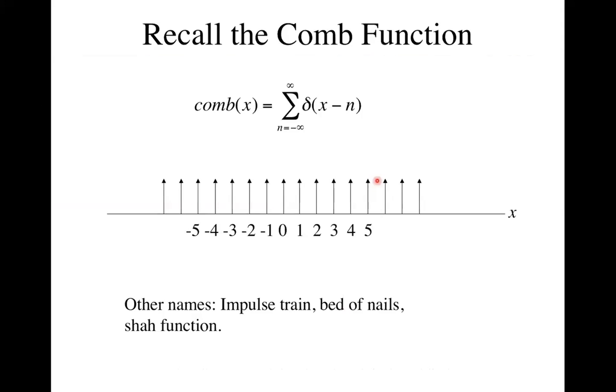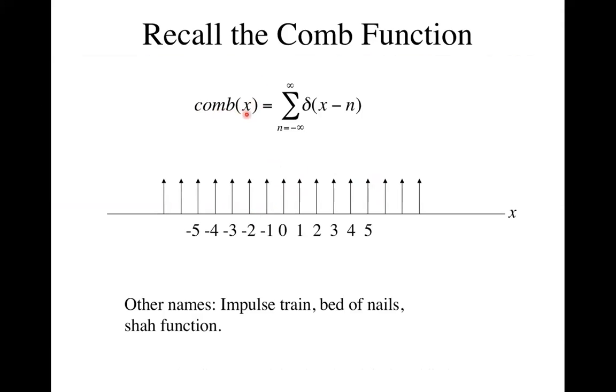So we're going to look at this mathematically and develop a couple of functions to help us do so. Recall that the comb function is a set of delta functions arrayed on the x-axis in one dimension, so it's a continuous function of a continuous variable x.